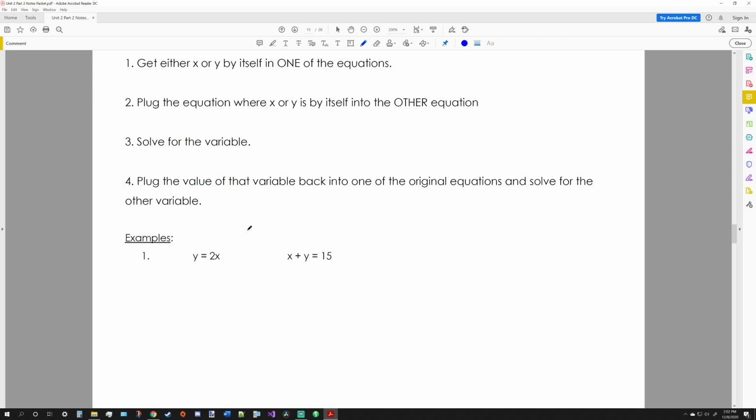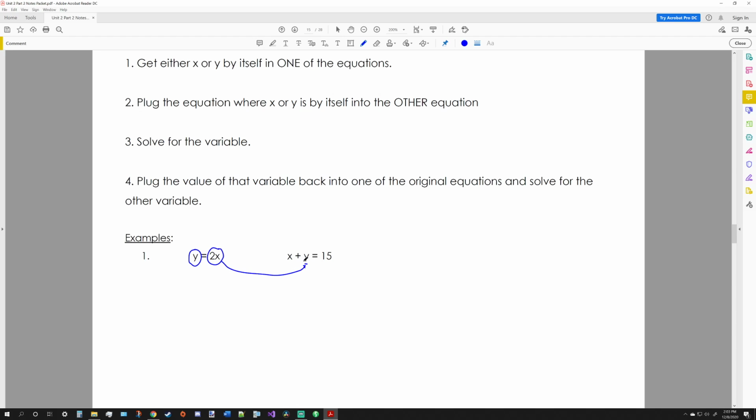So here we have y by itself, so we actually don't have to do anything in step 1 because y is already by itself. So y is equal to 2x. Because y is equal to 2x, anytime we see a y, like right here, we can take this 2x and substitute it in for that other y.